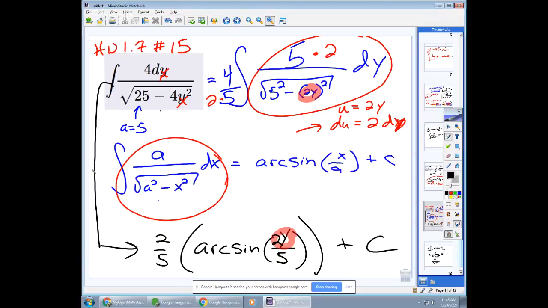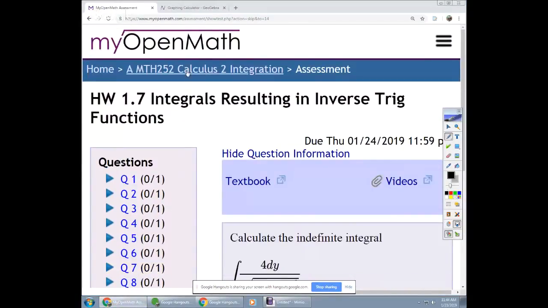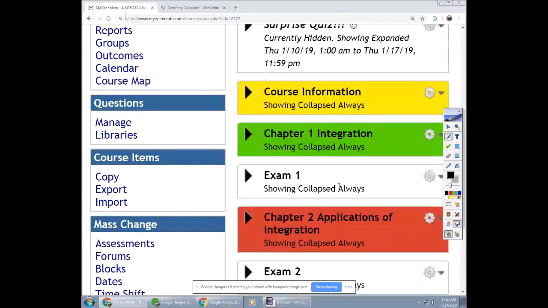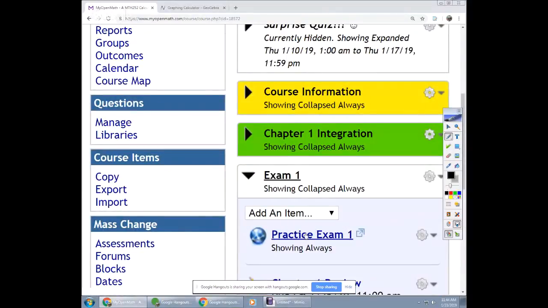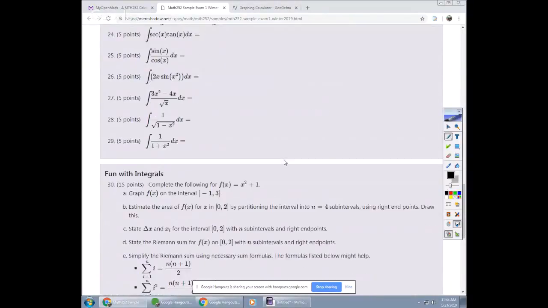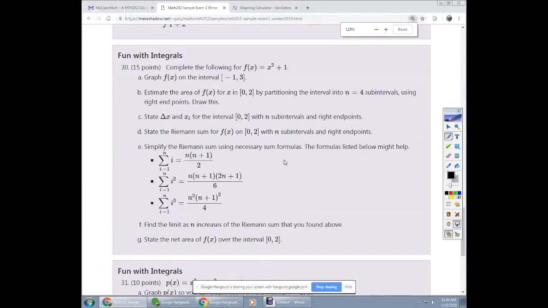Let's take a look in the last few minutes at the sample test. My guess is the hardest problem is the Riemann sum. So why don't we take a look at that problem, and we can look at others tomorrow. So problem number 30 here.